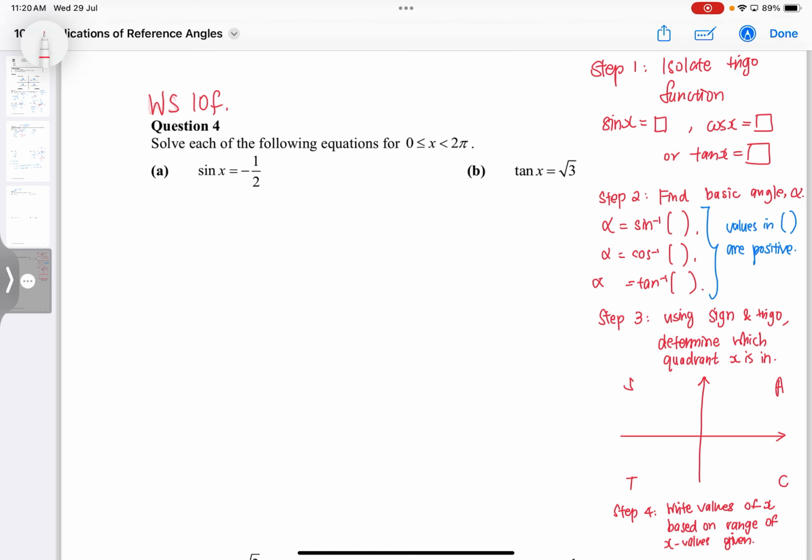The moment you read this question, your mind must switch to radian mode, so your calculator must also switch to radian mode. Because you don't want to end up sabotaging yourself.